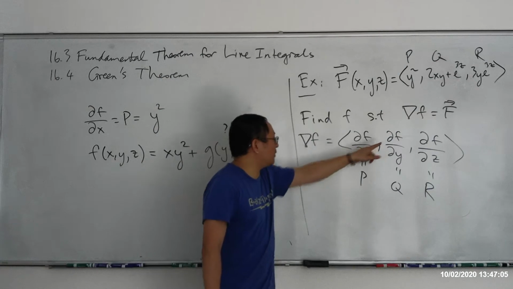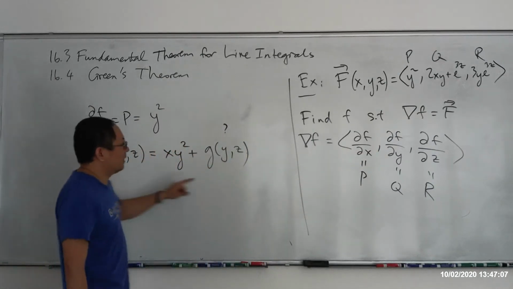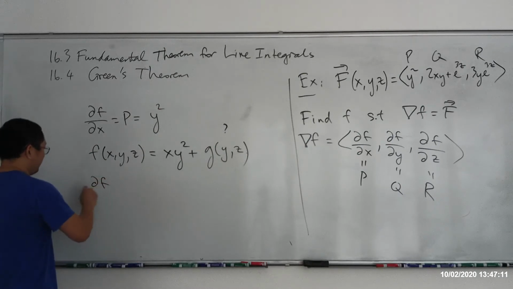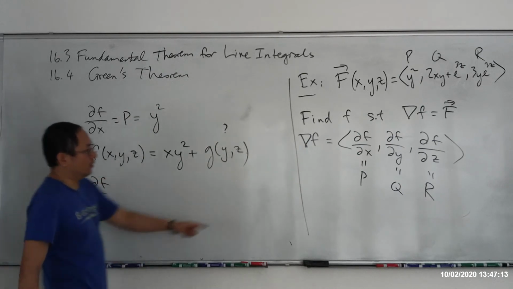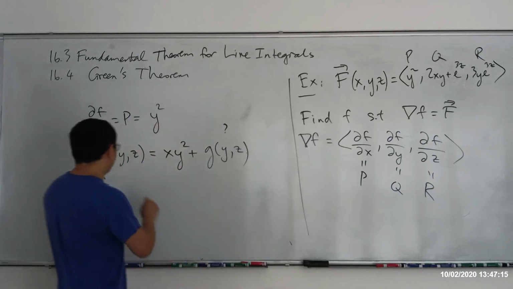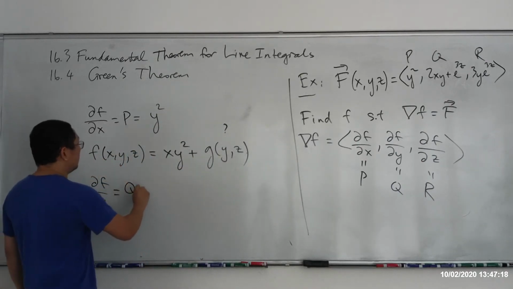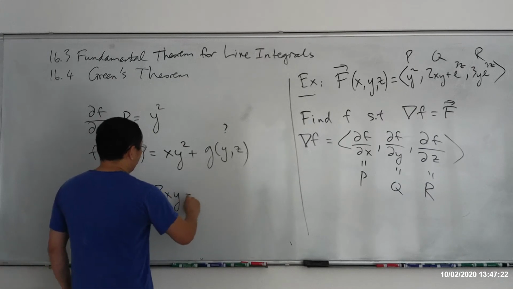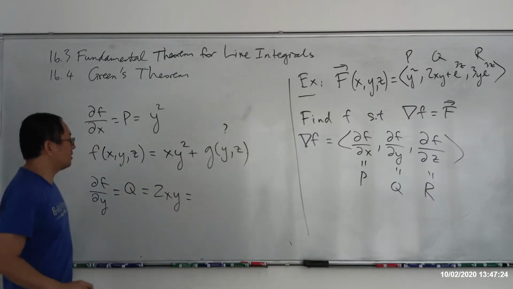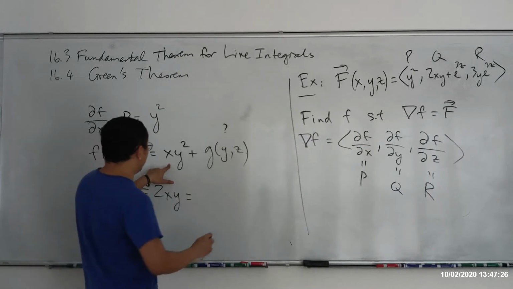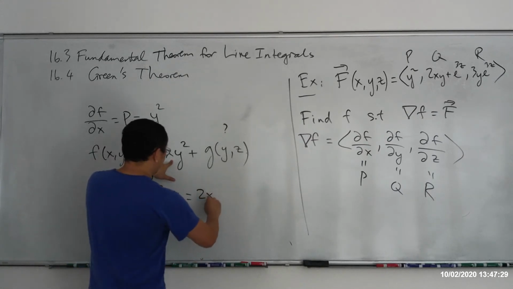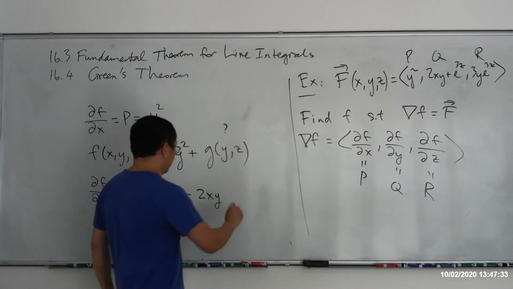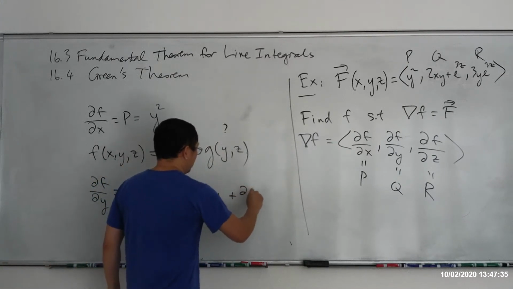Now I'm gonna differentiate function f again, partially with respect to y. So if I got df over dy, I'm moving on to the second term right here, okay? And that's gonna be my q, that's gonna be what? 2xy. And this is my function f. If I differentiate in terms of y, I got what? 2xy, right? Because differentiate in terms of y, and this is what? Plus dg over dy.